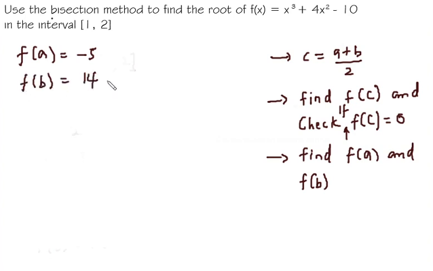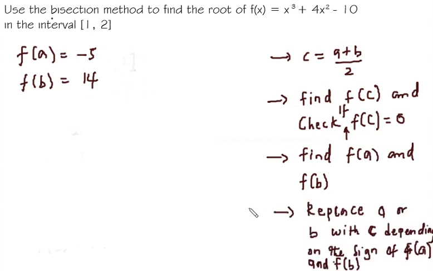The next step is to replace a or b with c on the interval, depending on the sign of f of a and f of b. If you look at f of a and f of b, f of a is less than 0, f of b is greater than 0.